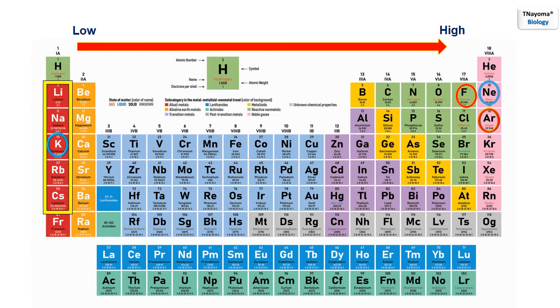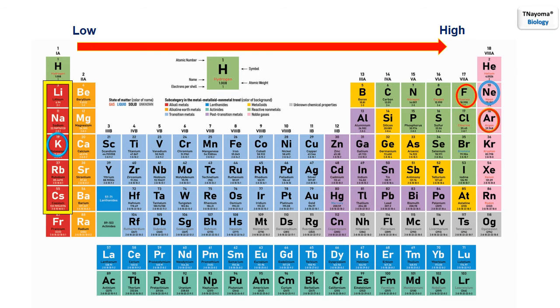Fluorine is also the same. As they tend to gain an electron rather than remove their electron, their ionization energy is very high, and they try to achieve the noble gas configuration by gaining an electron.